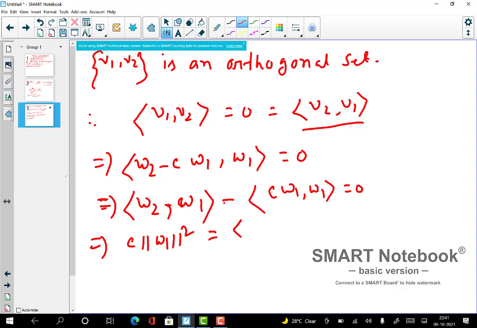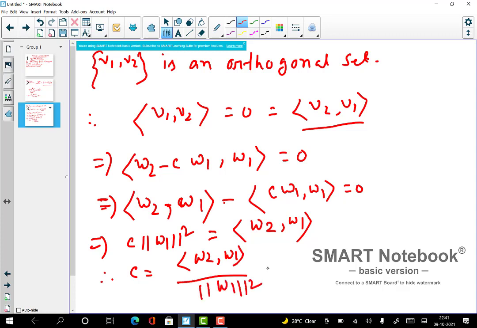So this is equal to the inner product of W2 with W1. Okay, and hence that scalar C1 is nothing but the inner product of W2 with W1, divided by the norm of W1 squared. So this is the method that gives you that. So what is the final vector?